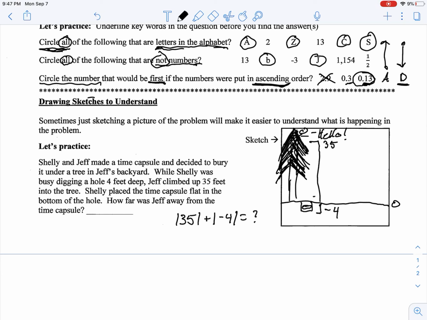And because absolute value is distance, and distance is always positive, these numbers are just going to stay positive. So we have 35 plus, well, the absolute value of -4 is 4. And looks like Jeff is 39 feet from his time capsule.